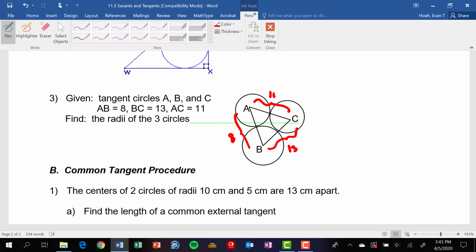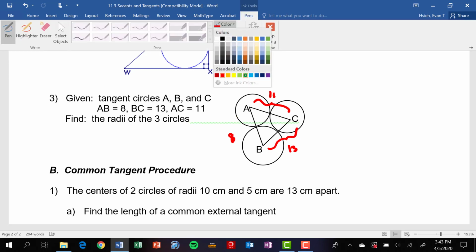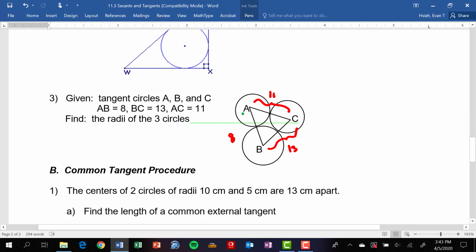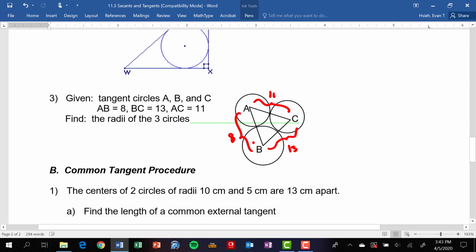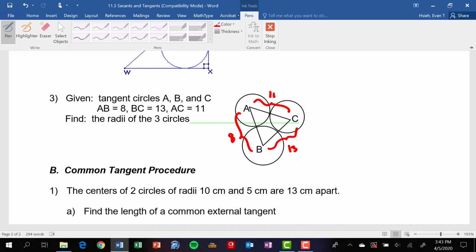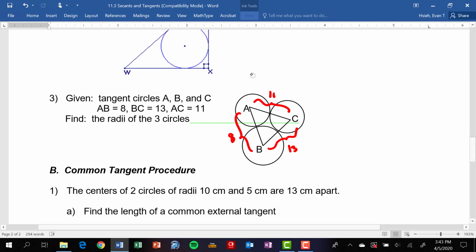And I don't know what any of the radii on the inside are equal to. And so what I'm going to end up doing here is I'm going to just pick one of the radii to be my x. So let's go ahead and do that. Let's just say that this will be x, and then let's start walking around.